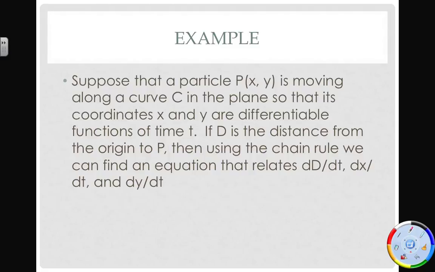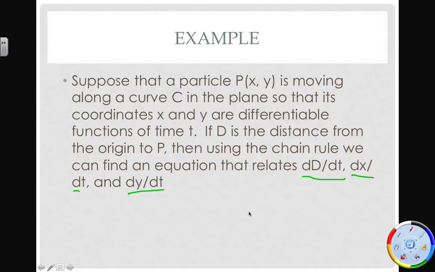Here's an example. Suppose you have something moving along some curve on a plane like x and y axes, and it has a coordinate (x, y). They're differentiable functions of time t. If D is the distance from the origin, then using the chain rule, we can find an equation that relates the derivative of distance, dD/dt, the derivative of distance with respect to time, to the derivative of x with respect to time and the derivative of y with respect to time.